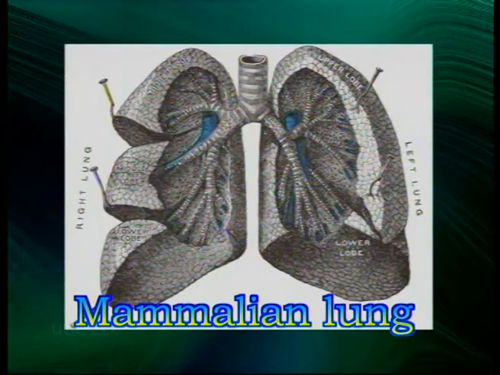In reptiles, particularly crocodiles, the lungs are abdominal in position. The same is the case with snakes, where the lung is tubular and abdominal in position. Mammalian lungs are highly developed, spongy, and elastic, and are divided into 3 to 4 lobes.